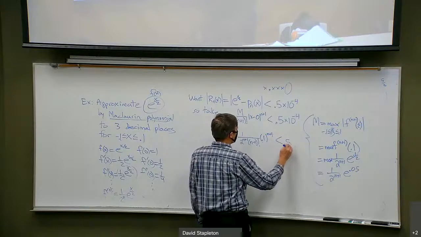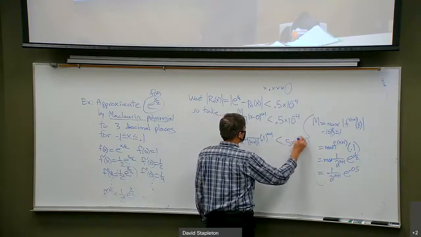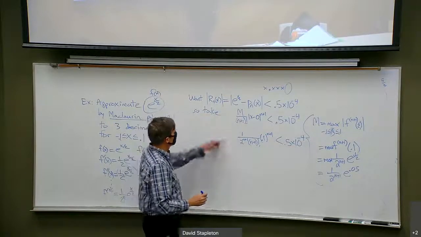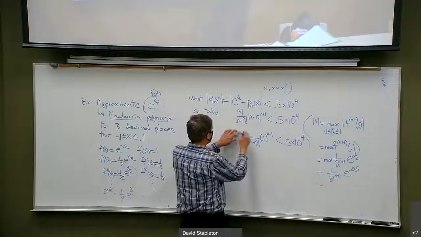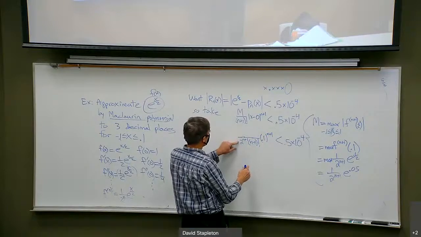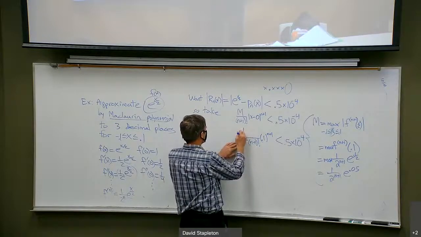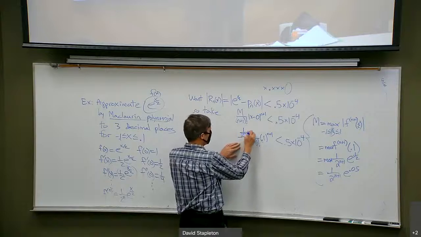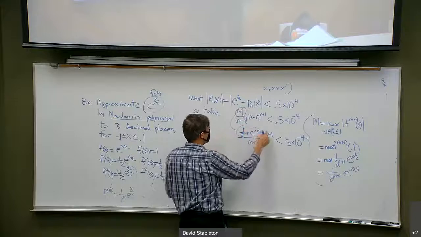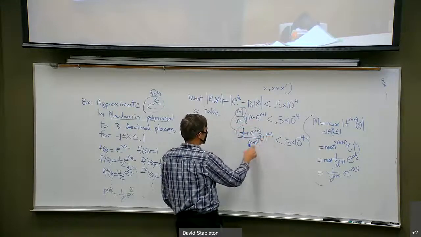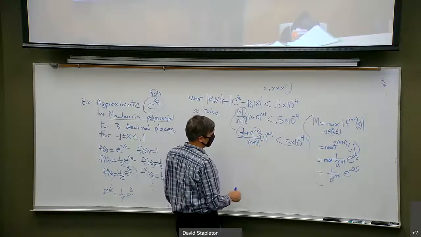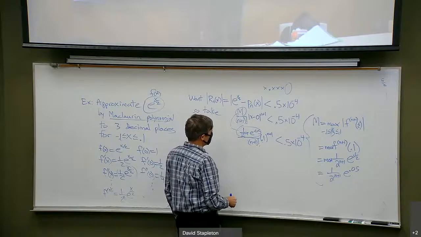If we require that to be less than 0.5 times 10 to the minus 4, that will give us what we need. I didn't put 1 for input. Oh yeah, M should be 1 over 2 to the n plus 1, e to the 0.05. So I'll replace M with this. I'll pick x to be the biggest it can be, 0.1, and then I've got the n plus 1 factorial. There we go. So you just have to choose n to match that.